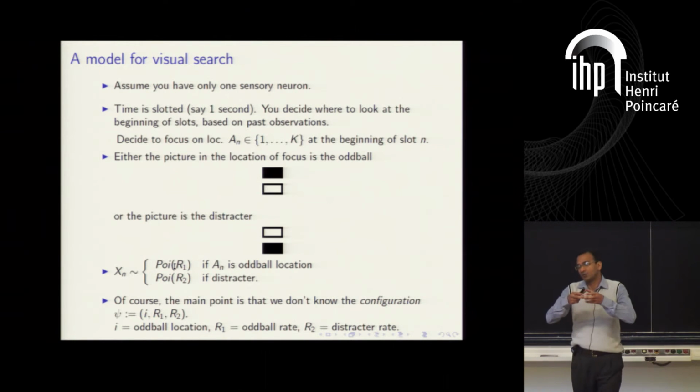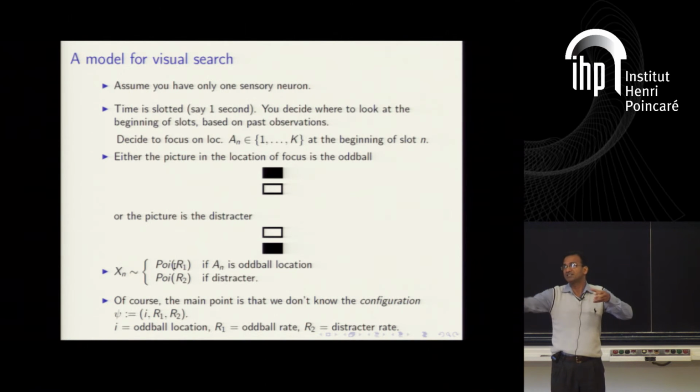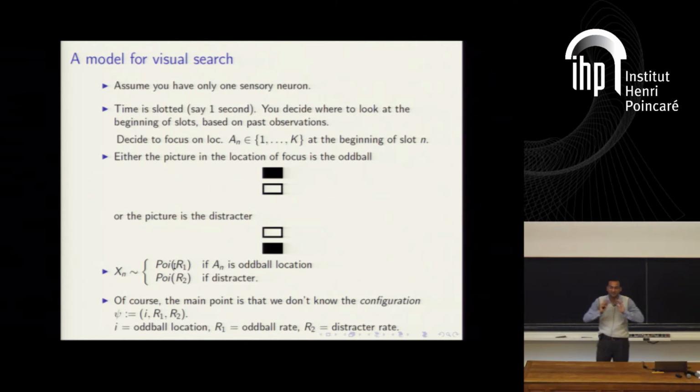So I think you're perhaps thinking of the locations of these images as being points of a Poisson point process. No, that's not the case here. You're just given several locations. In each location, you have either an oddball or a distractor, and you can choose where you want to go.